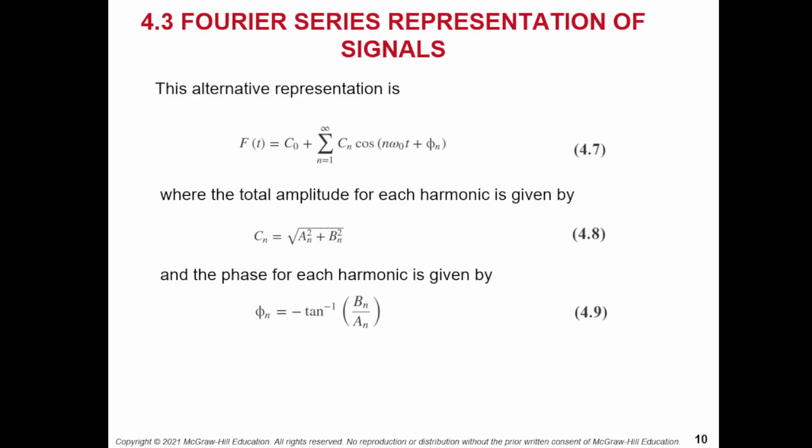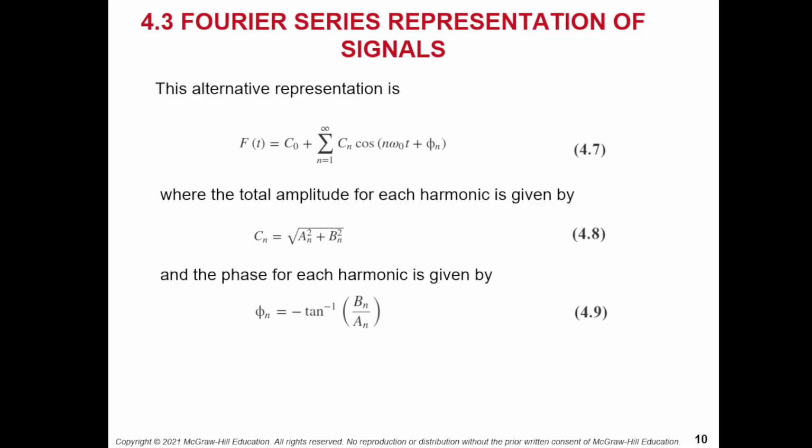But here it is different. This is the phi between an and bn. But it's very similar, right? Cn is the resultant magnitude here, but phi is actually the arctangent between bn and an.